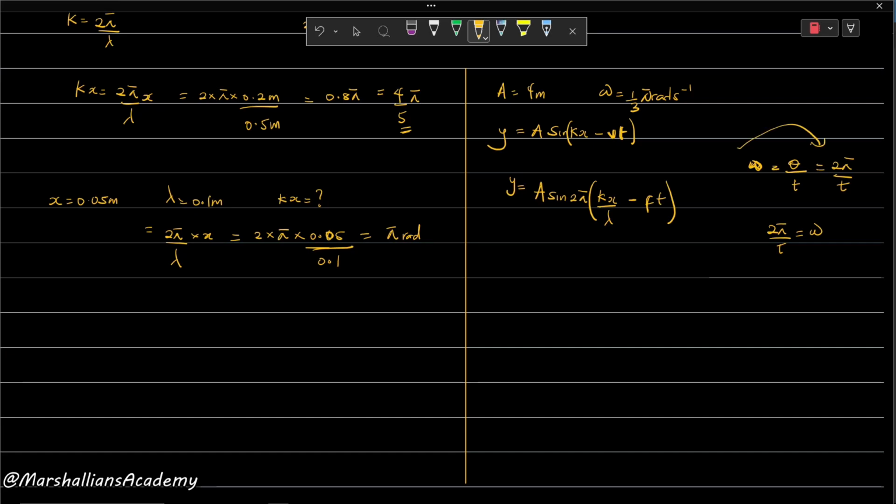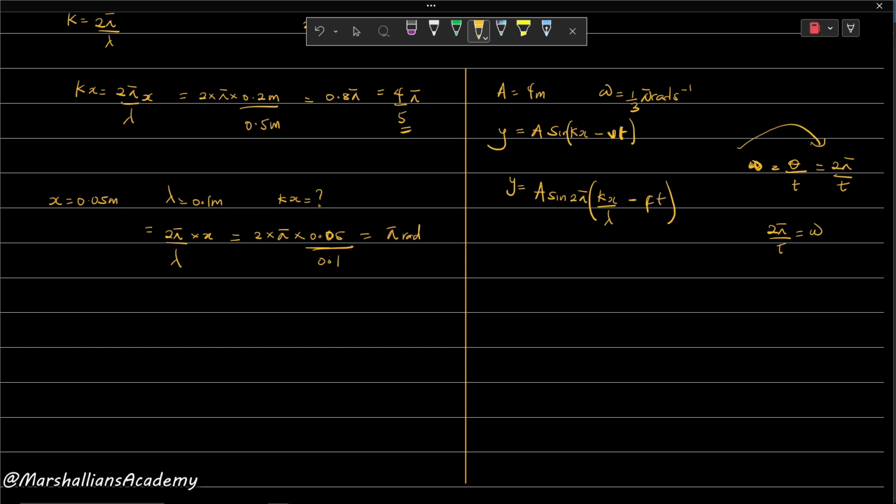Is that clear? So how can we get 2 pi over time in this situation, right?